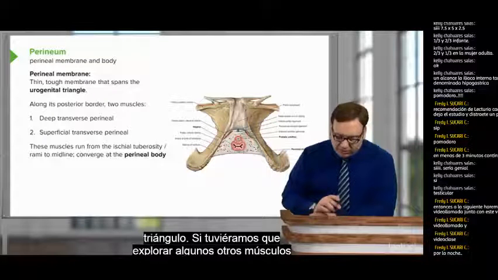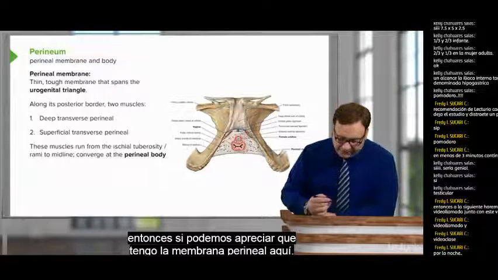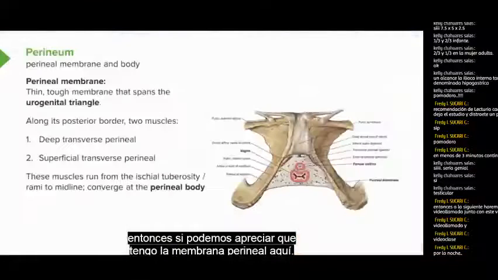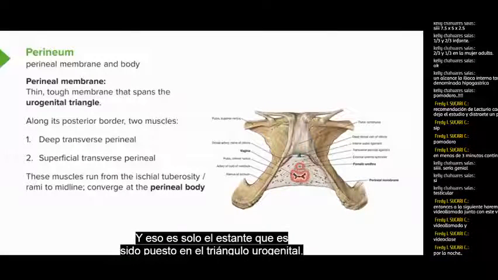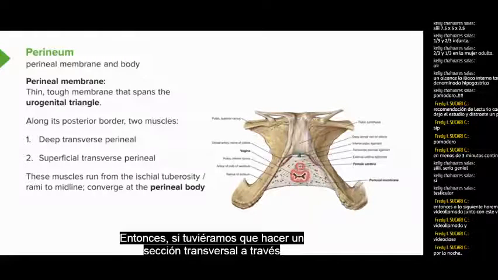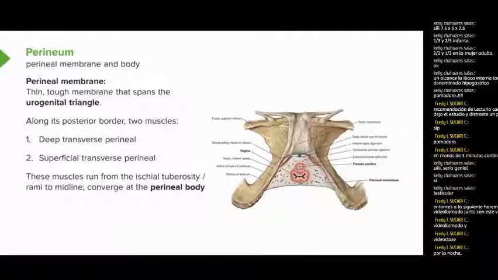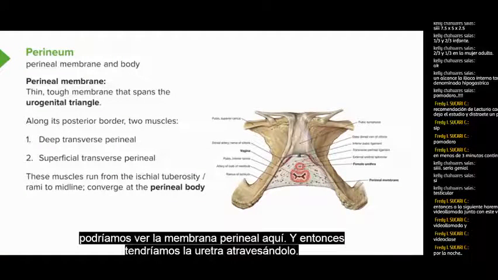If we were to explore some other muscles, we can appreciate that we've got the perineal membrane here, and that is just a shelf that's been put in the urogenital triangle. So if we were to do a transverse section through, we could see the perineal membrane here, and then we'd have the urethra passing through it.